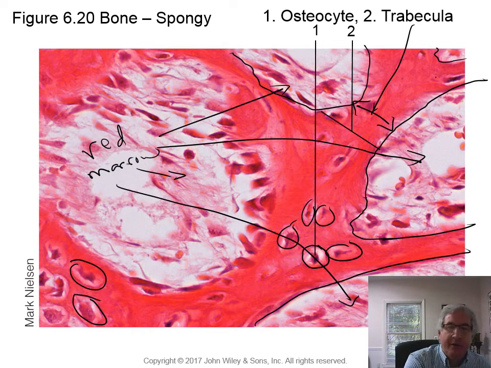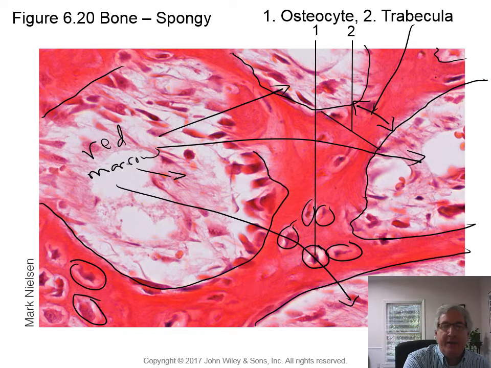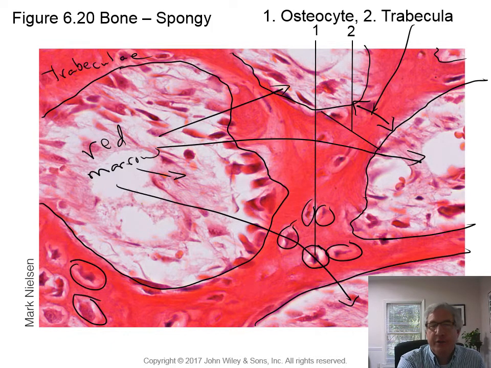So I should outline this one too. See that. So what I've outlined is the outline of the trabeculae. Okay. So this is trabeculae. This is trabeculae. This is trabeculae.